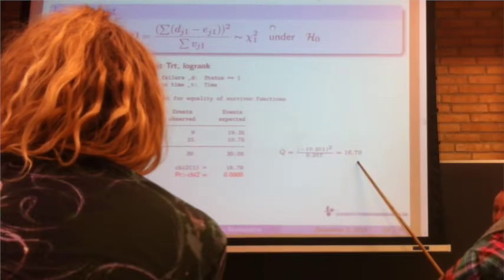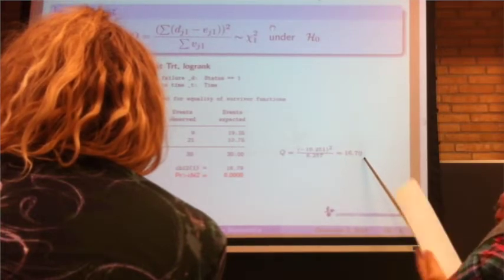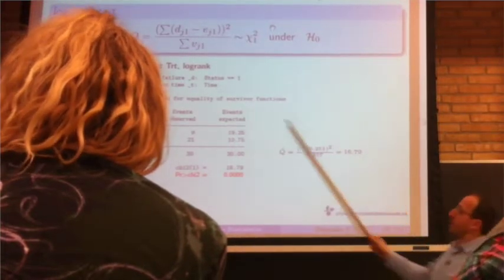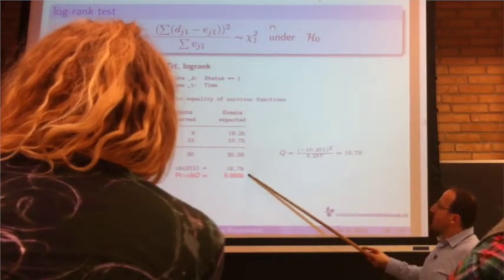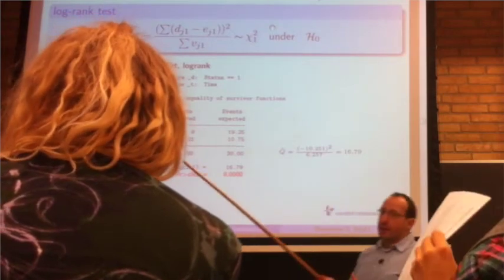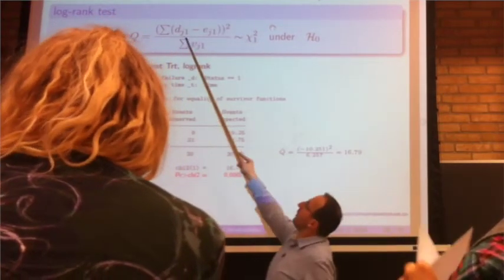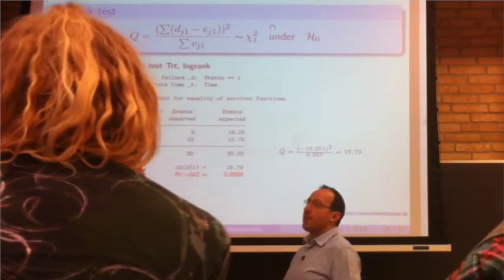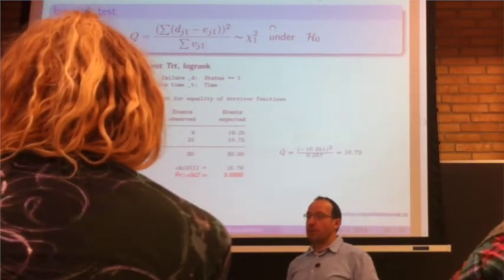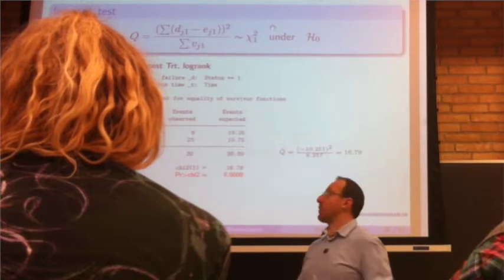So the results are the same if you do the calculation by hand or with the software. This test statistic shows that there is a great discrepancy between observed and expected events, and so you can be sure that there is a difference between the survival or event time experience.